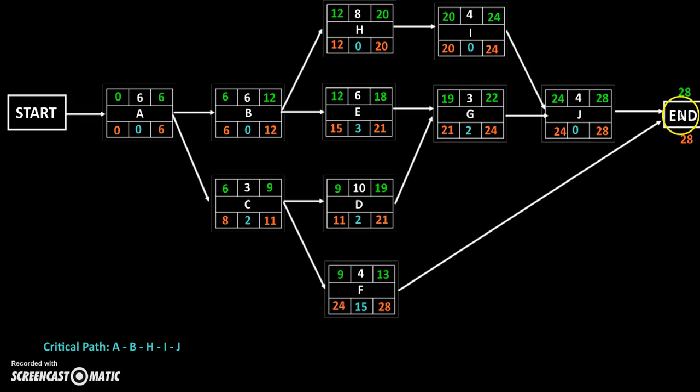Okay, so we can ask, what is the probability of this being completed in under 27 days rather than in under 28? Well, we assume that the completion times are normally distributed.